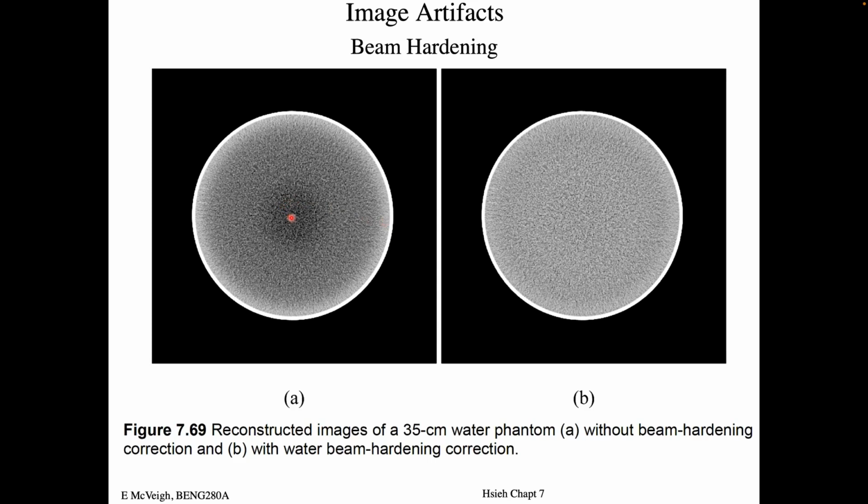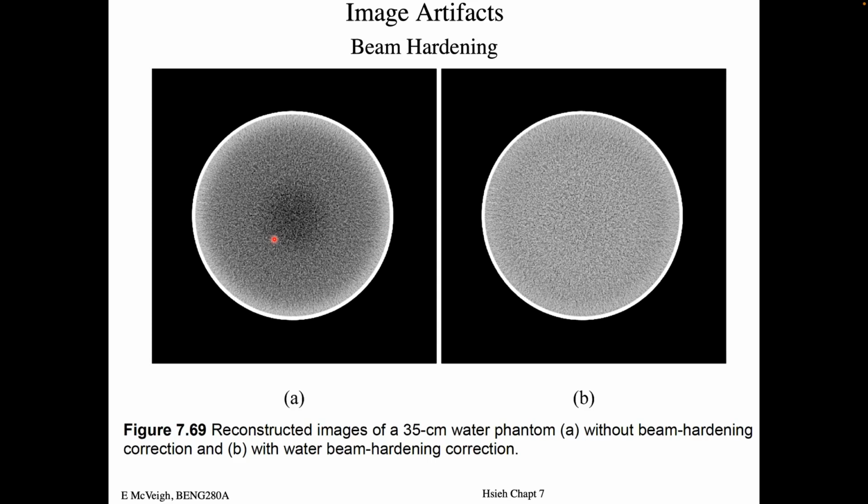Okay, so that's called beam hardening. And this is called a cup artifact. And you can measure, for the spectrum of X-rays you've got, and you look at different thicknesses of water, you can measure what the effect of beam hardening is, right?